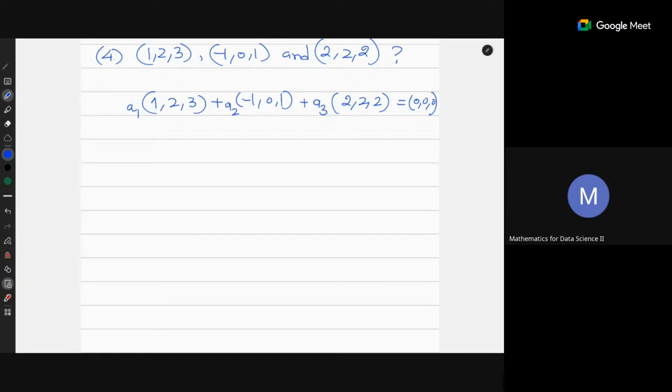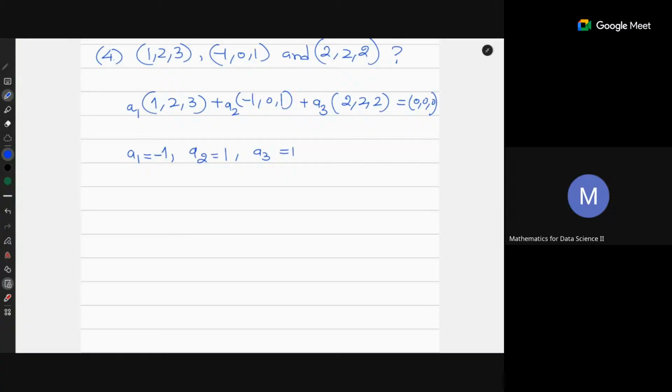In particular, a1 is minus 1, a2 and a3 are 1.